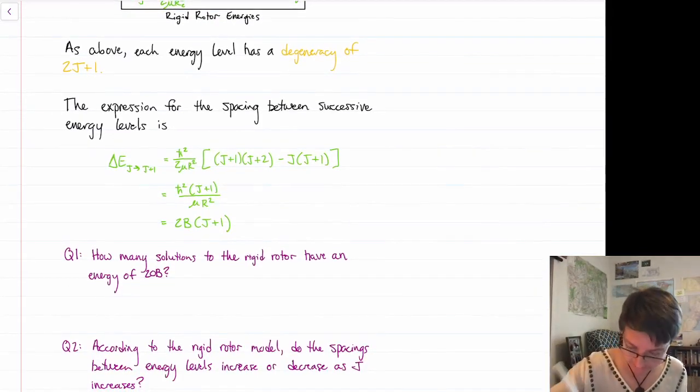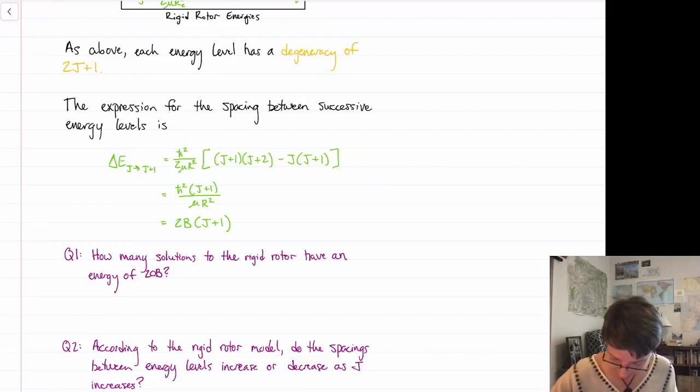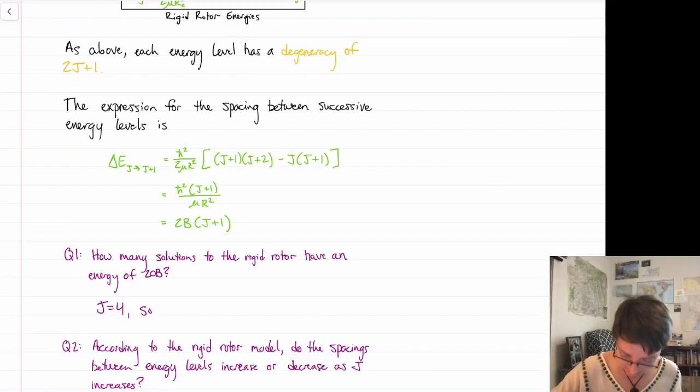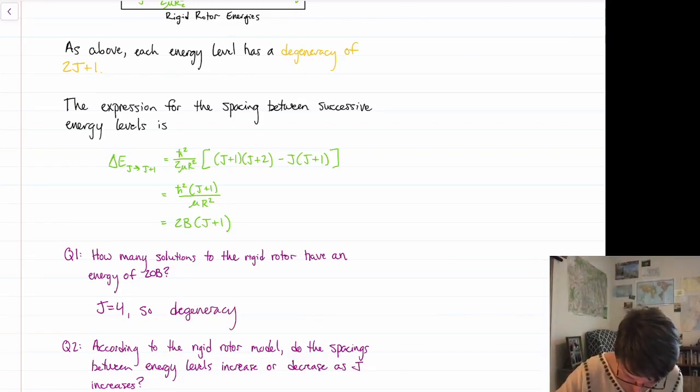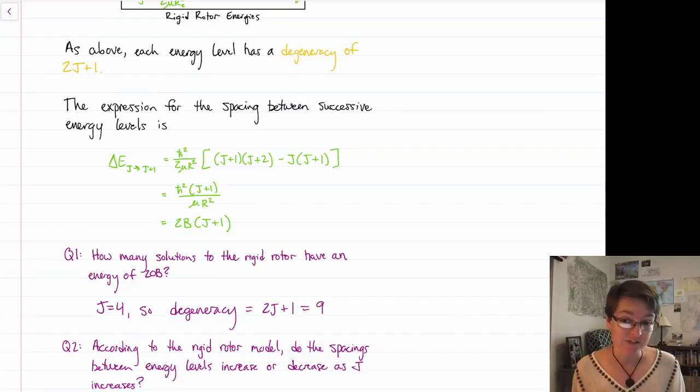And in this case, if J equals 4, so the degeneracy is 2J plus 1 equals 9. There are 9 solutions to the rigid rotor that have this energy associated with it, which is a lot of levels.